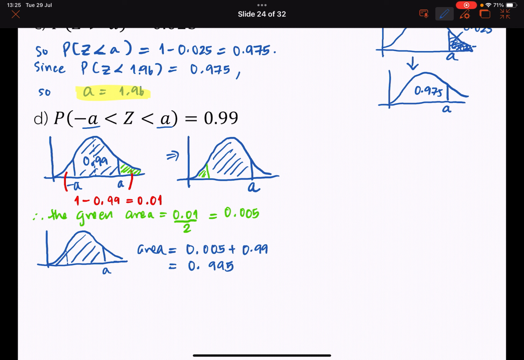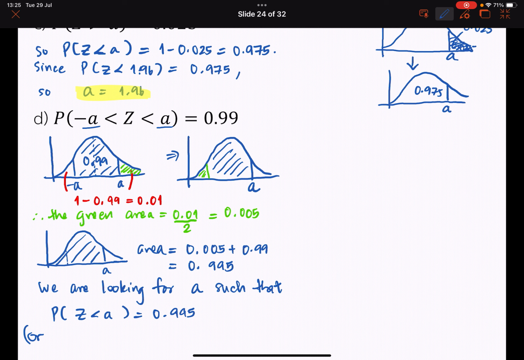That means we are looking for the value A such that P of Z less than A equals 0.995, or you can look at just the other way, P of Z less than minus A equals 0.005.